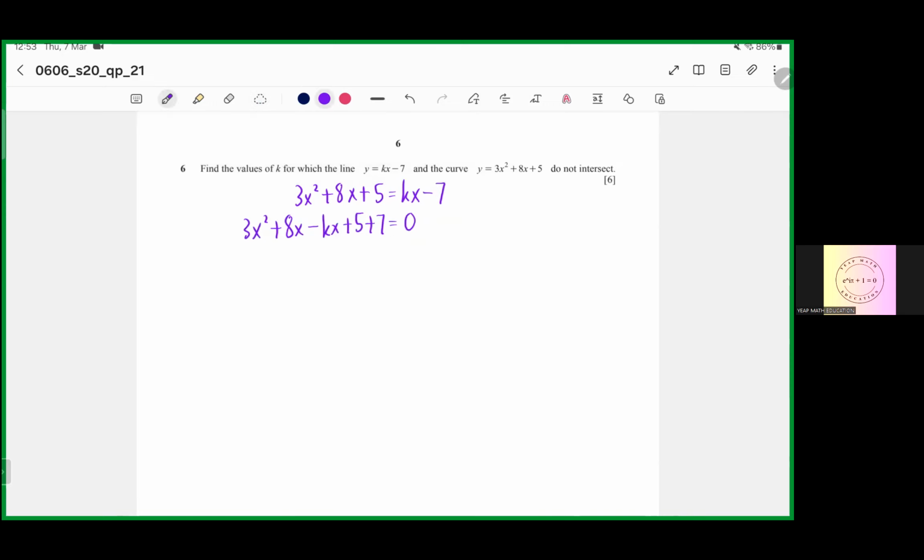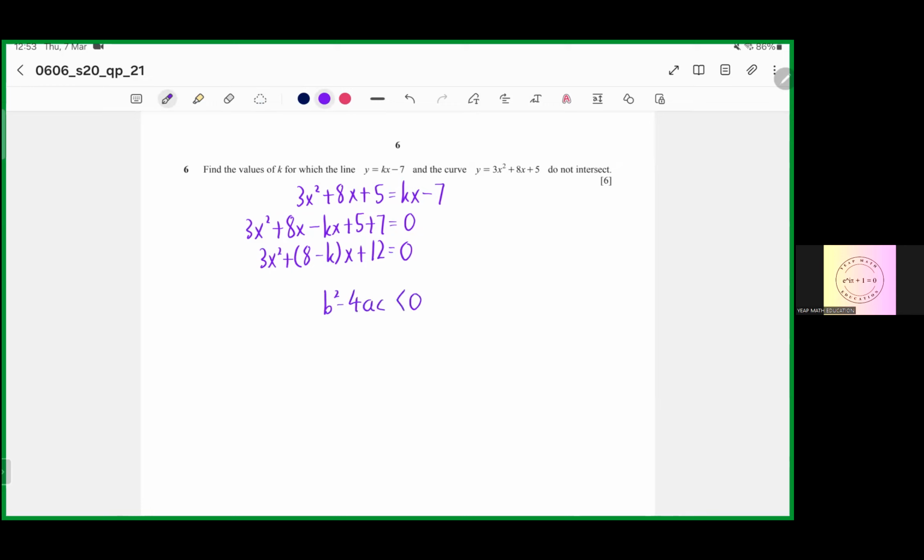We get 3x squared plus (8 minus k)x plus 12 equals 0. Because it says do not intersect, right? So we take b squared minus 4ac less than 0.